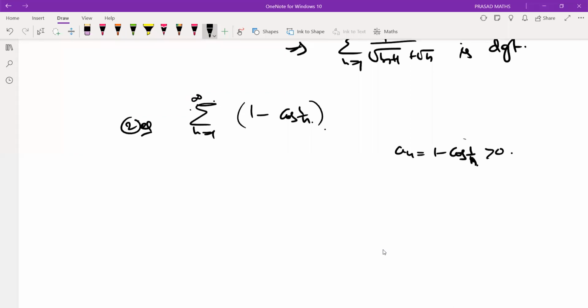Cos is bounded by 1, it will not be greater than that. Therefore 1 minus cos n is always positive for every n. So it is a positive term series.